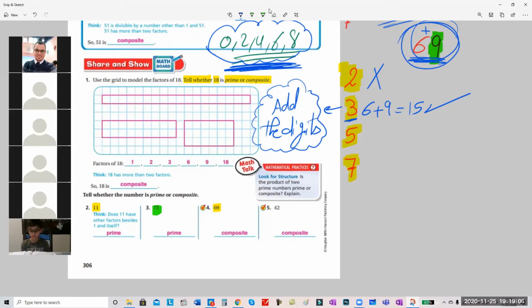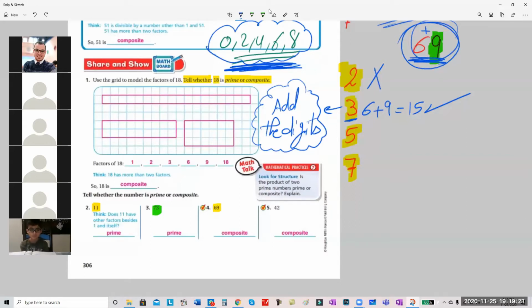Shall we continue, Sulaiman, or stop here? Stop here. So the number 69 is a composite number or a prime number? Prime number if it didn't work with all numbers.